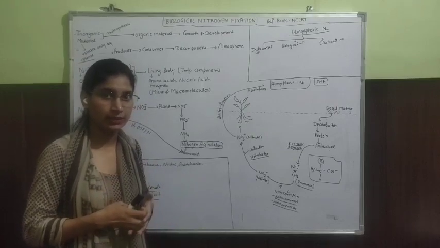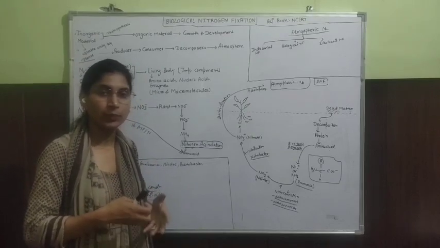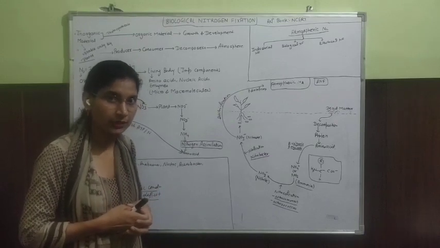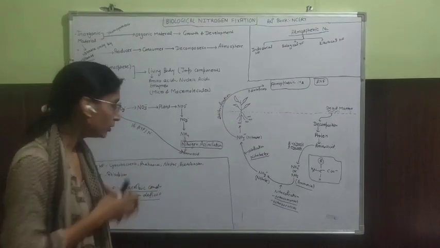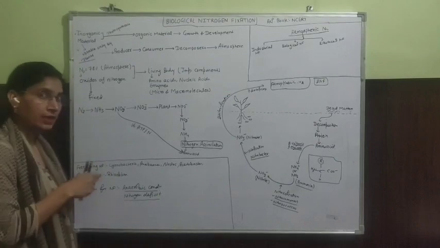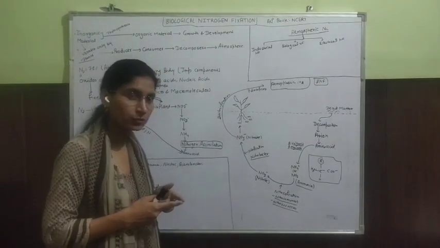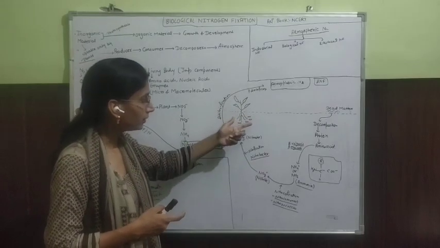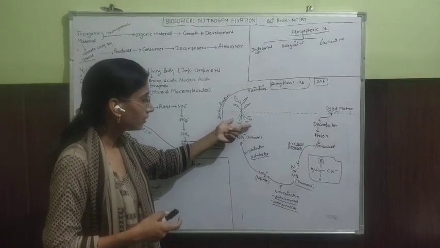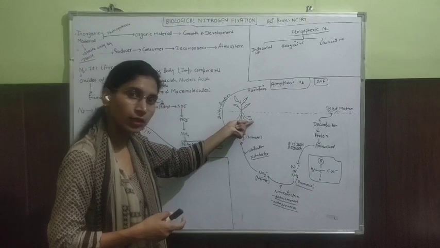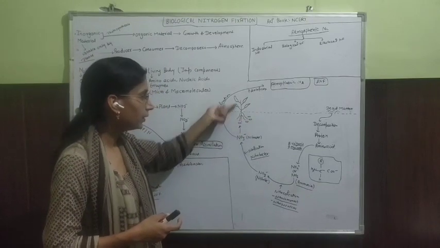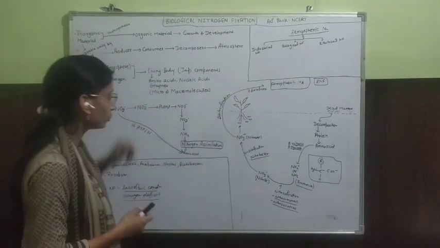We cannot take nitrogen directly, and the plant cannot consume nitrogen directly. So how will they consume it? This nitrogen gets trapped into the system, because we are talking about the biological system. We will discuss later how the bacteria help the plant to fix this nitrogen.